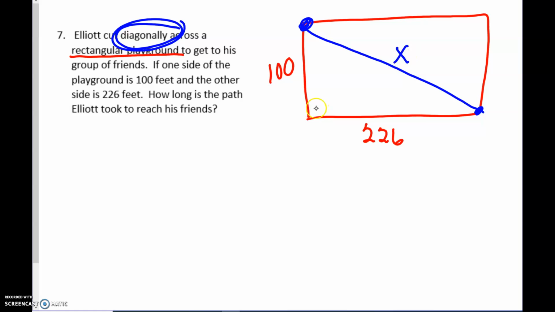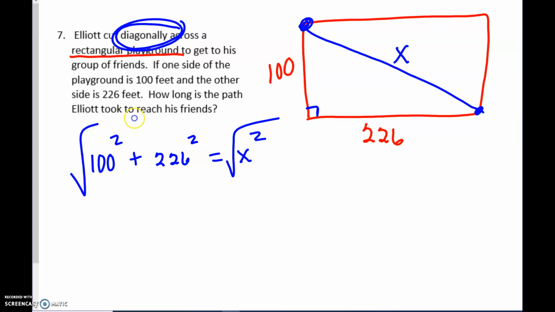We know that if we have a rectangle, this is a right angle in here. So I'm going to take 100 squared plus 226 squared, and that equals x squared. Then remember, we're going to take the square root of both sides. So we do 100 squared plus 226 squared and take the square root.